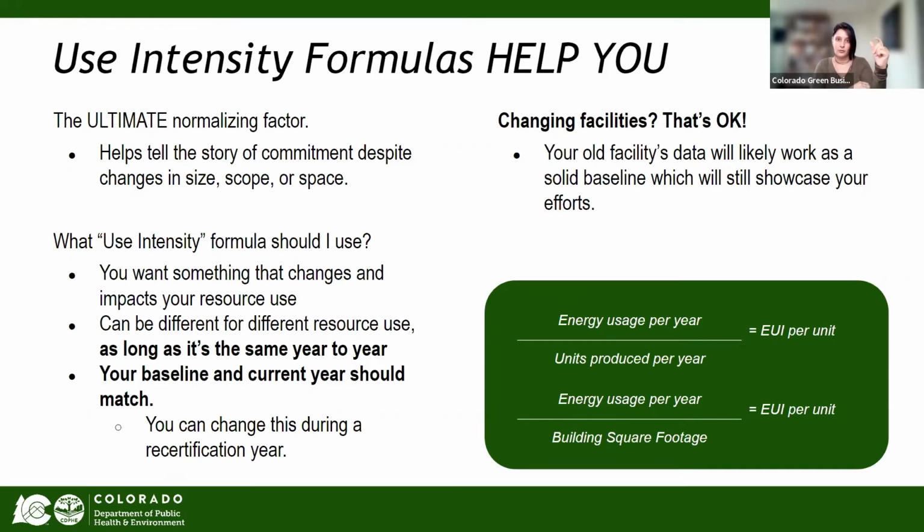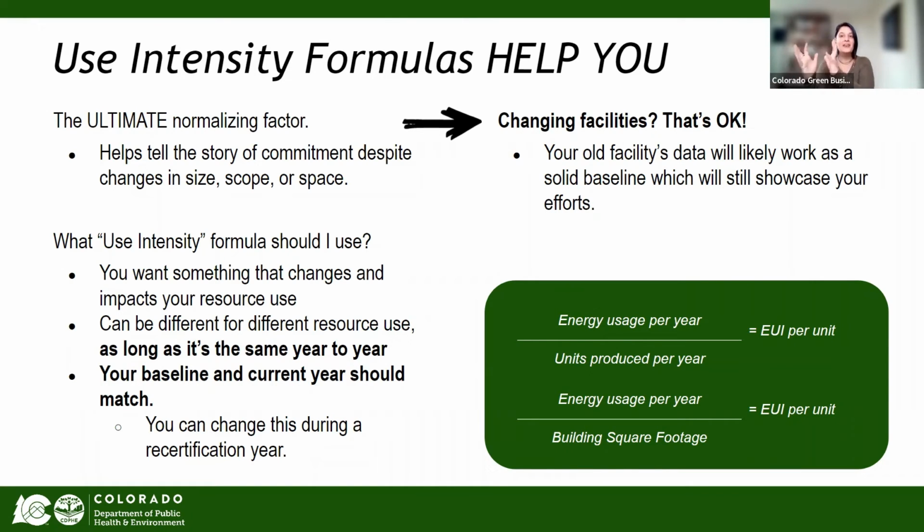The other piece that I wanted to mention here is that if you are changing facilities, use intensity formulas help you do that because you can get a per square foot of facility space metric from a use intensity formula. And that allows you to say, okay, our old facility was 15,000 square feet. Here was our energy use per square foot. We've just moved into a new facility.